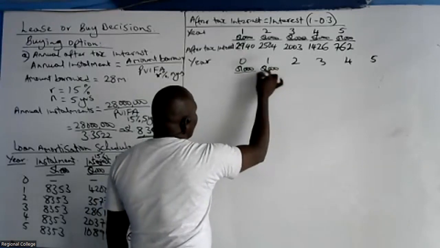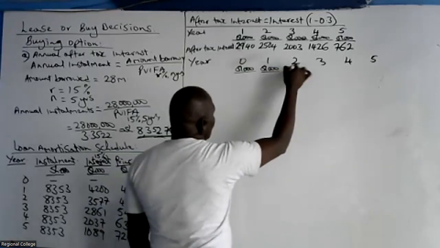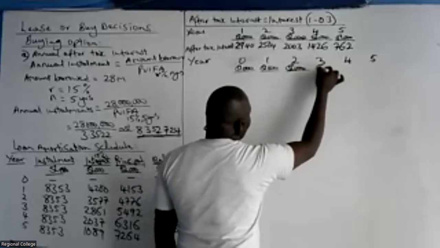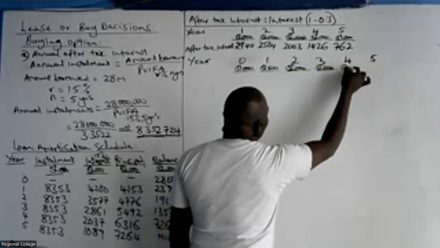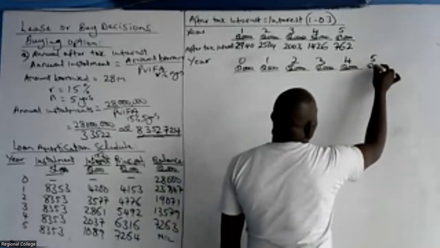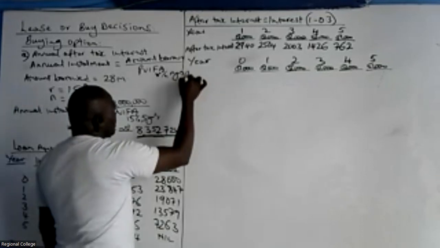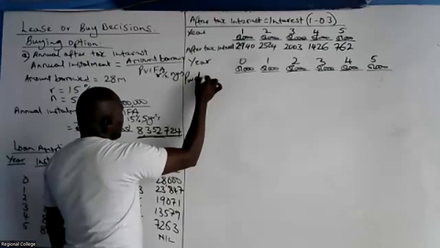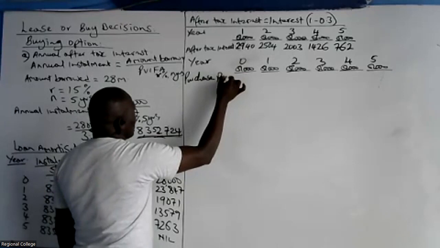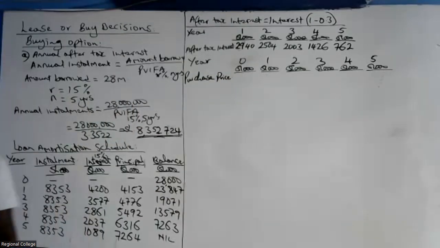You're still on the buying option. So start with the purchase price, which is like the initial outlay. When we decide to borrow and buy, we shall spend how much in year 0?